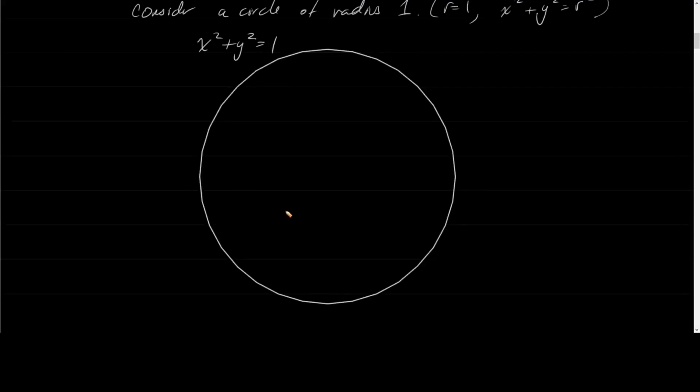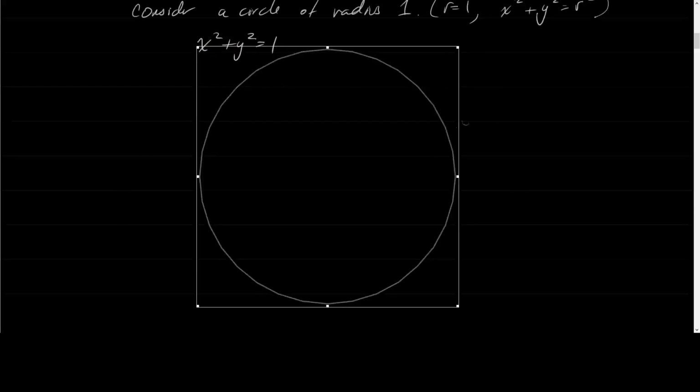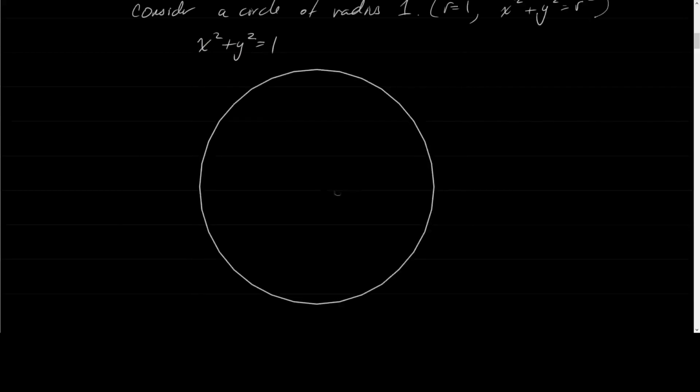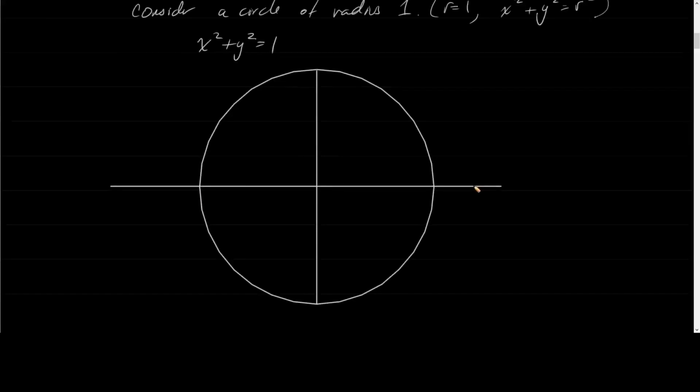All right. Now, in here with the circle, and perhaps I'll make it a little bit smaller. Yeah, there we go. With the circle, I'm going to put it on the coordinate axis. All right. So here is the y-axis, and here is the x-axis. Let's make this y-axis a little bit bigger.